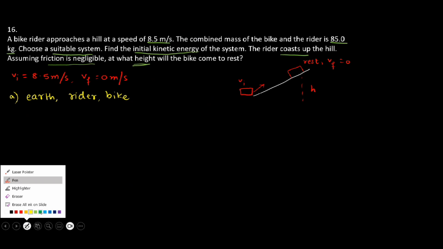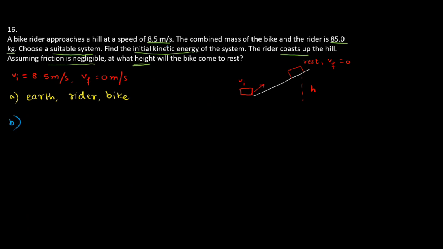Second part of the question wants me to find initial kinetic energy. We will call this the second part. Kinetic energy is nothing but half mv squared. And since they want me to find initial kinetic energy, this v I will take as the initial velocity. So let us solve.